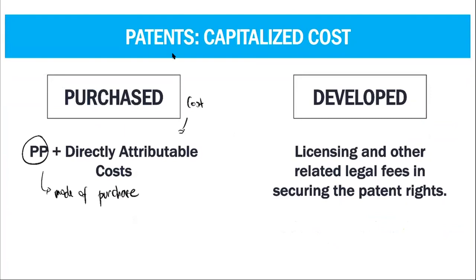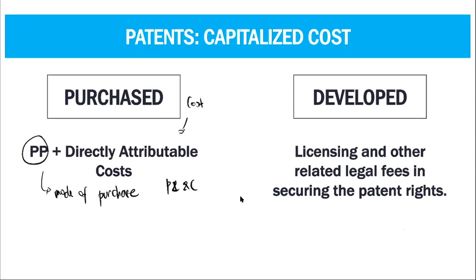I hope you already reviewed the different modes of purchase. And when we talk about your directly attributable costs, these are the costs necessary for the present location and condition of the asset. Take note that at some point, your directly attributable cost is exhaustive.